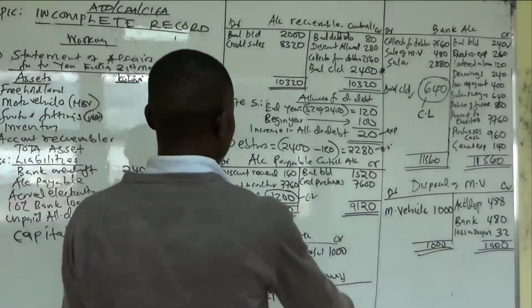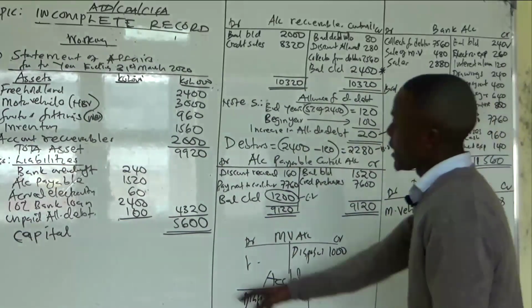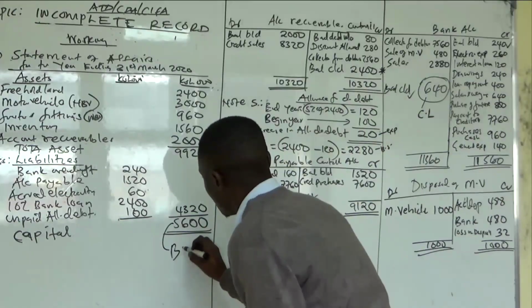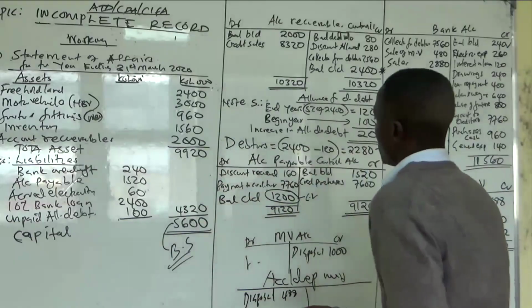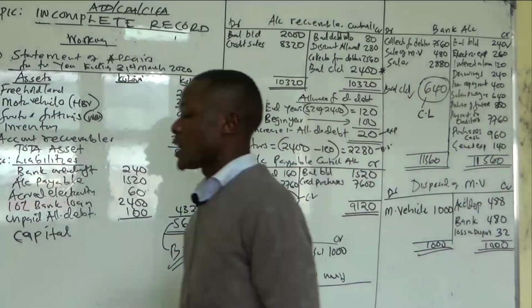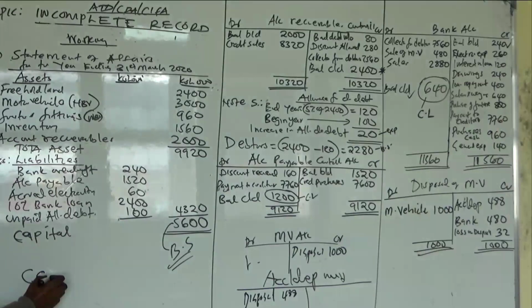And you make sure that you capture everything that we said we are going to affect other accounts. Like this capital will go to the balance sheet. The main reason why we prepare the statement of affairs is to find the capital that was used to start a business. This one will go to the balance sheet in the part of the equity. You can get it in two ways. Another way of getting the capital: you can take the closing capital, add drawings, and subtract the opening capital.